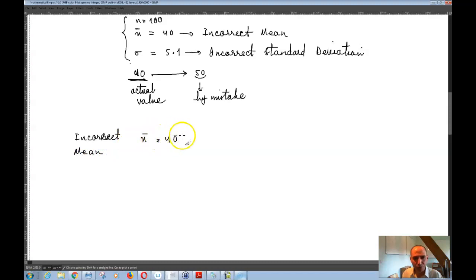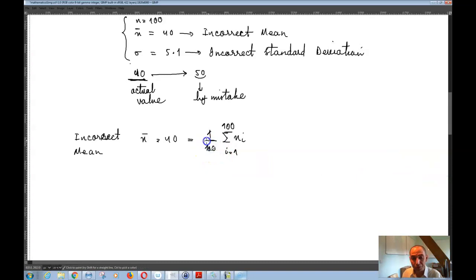Now, since the incorrect mean is equal to 40, that is equal to 1 over n times sigma x of i, as i goes from 1 to 100, because you have 100 observations. Of course, since you have 100 observations, instead of n you can write 100.